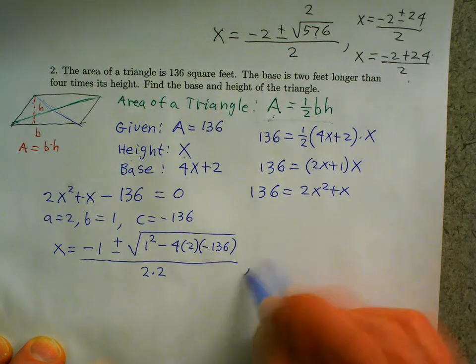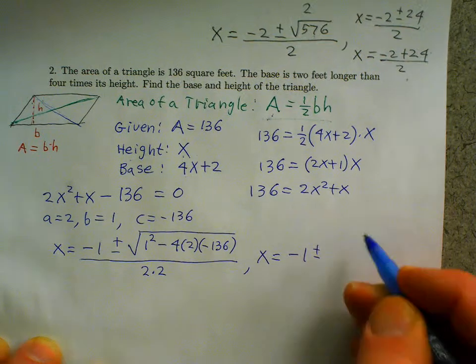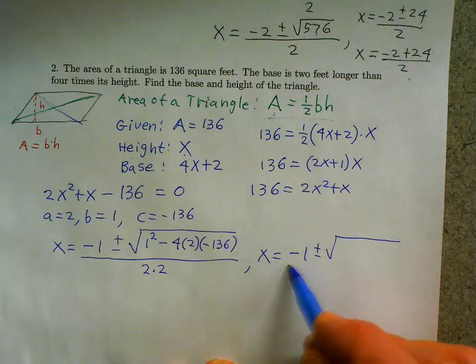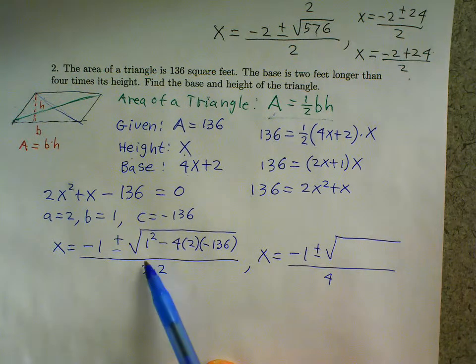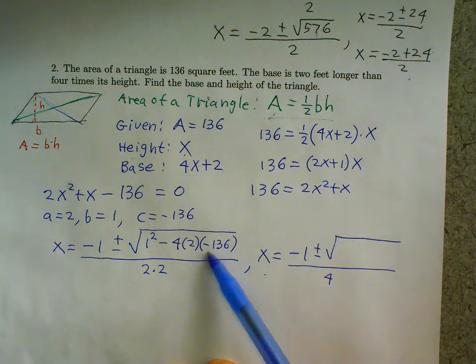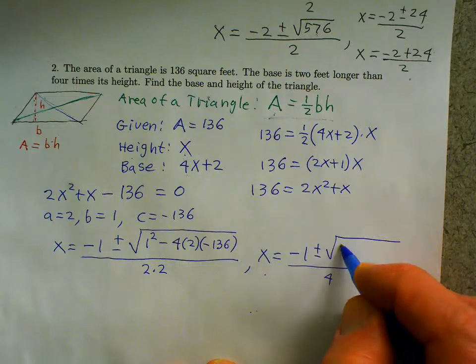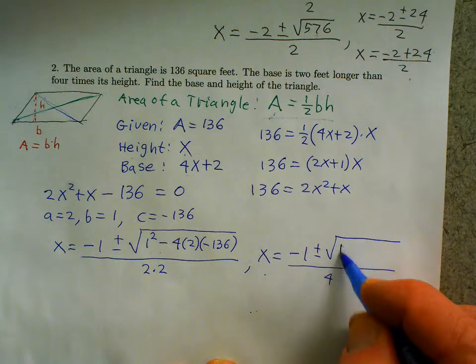Okay, then we do the arithmetic. Negative 1 plus and minus the square root of a positive number divided by 4. So inside the square root, we have 1 minus 4 times 2 times negative 136. So when we subtract a negative, that's the same as adding a positive.